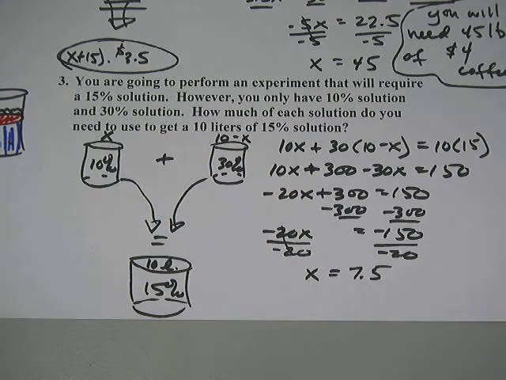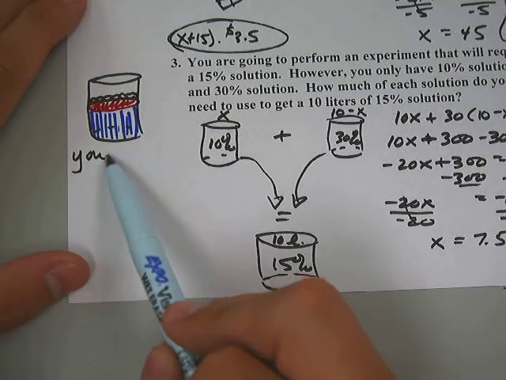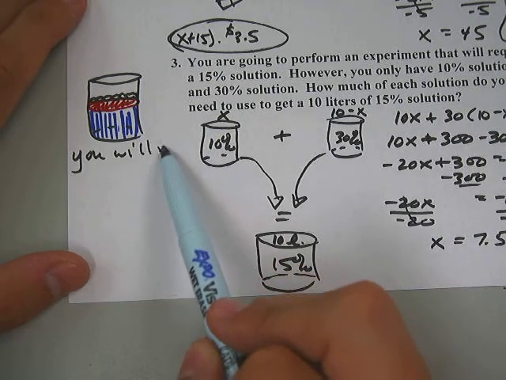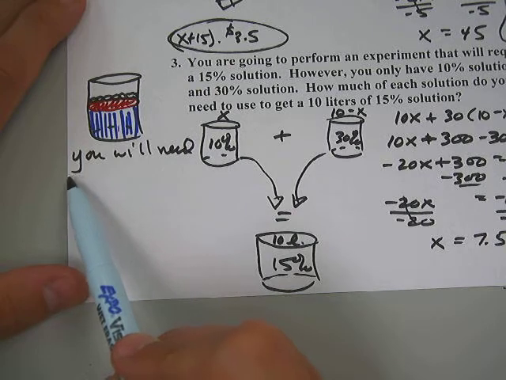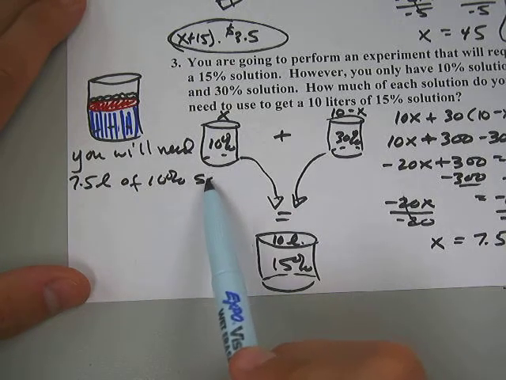Okay, and what does 7.5 stand for? Well, that stands for how much of the 10%. It says how much of each solution do you need? Well, if this is 7.5, then this is 10 minus 7.5, so 2.5.